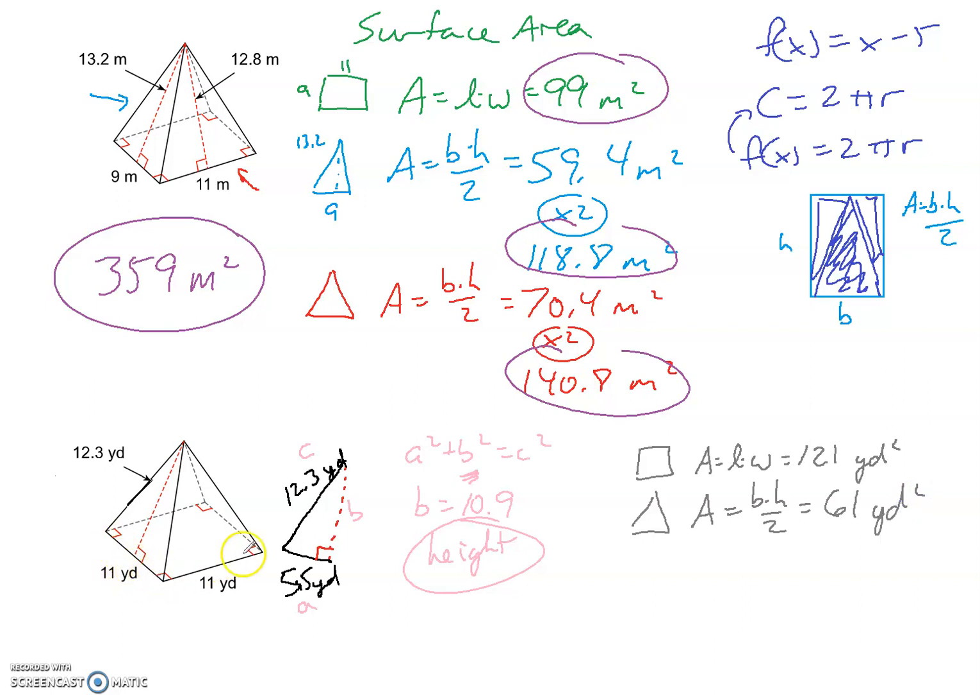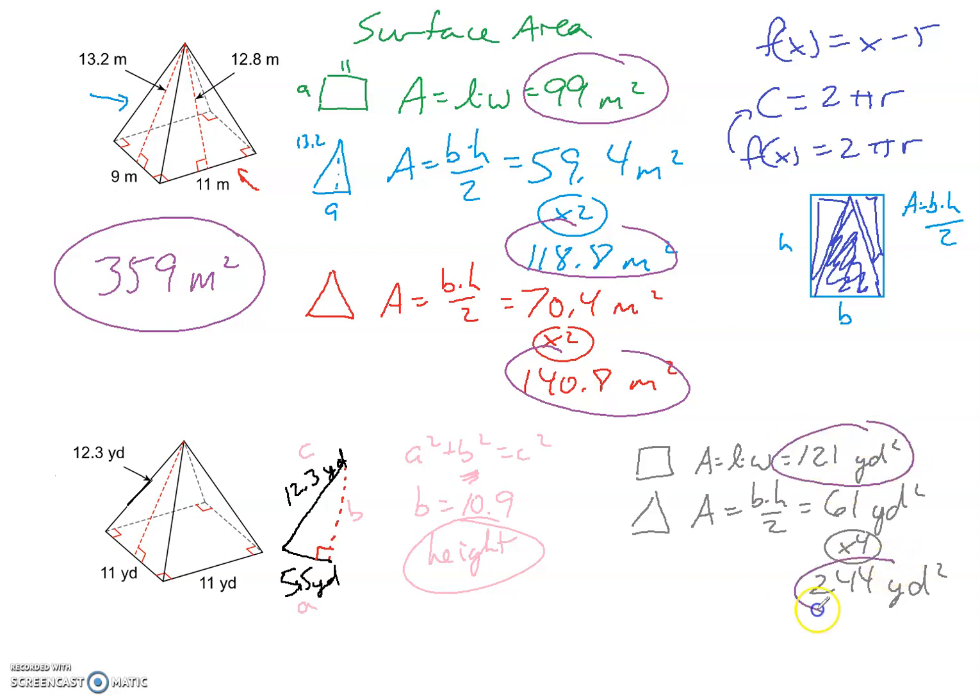Now, the base is a square, so all 4 triangles on the sides are the same. So I can take that and multiply it by 4, because I've got 4 of those triangles, and that'd be 244 square yards for all of my sides. So now I can just take all of my pieces and put them together. I got 121 for the bottom.